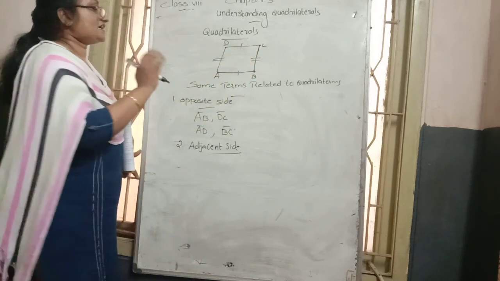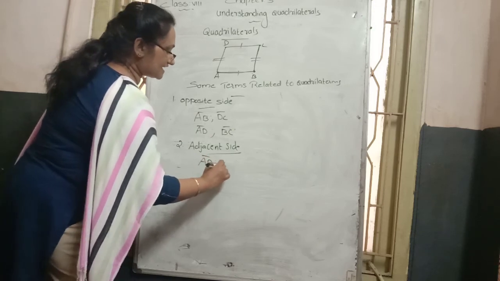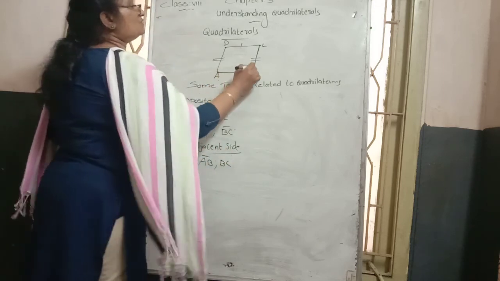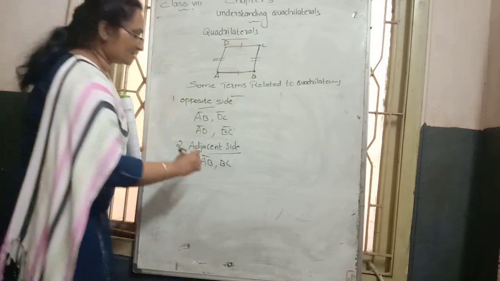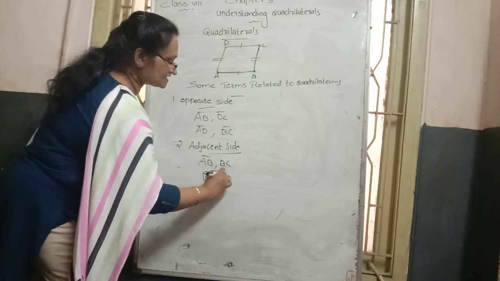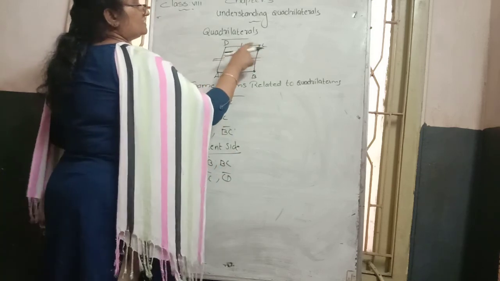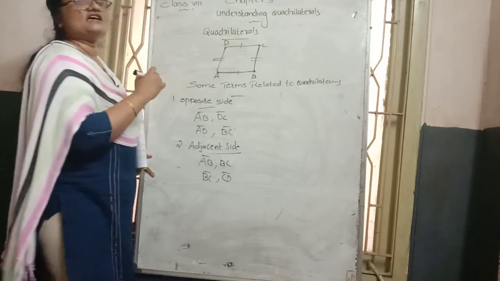AB and BC are adjacent, the first pair. Next BC and CD, with C as the common point.